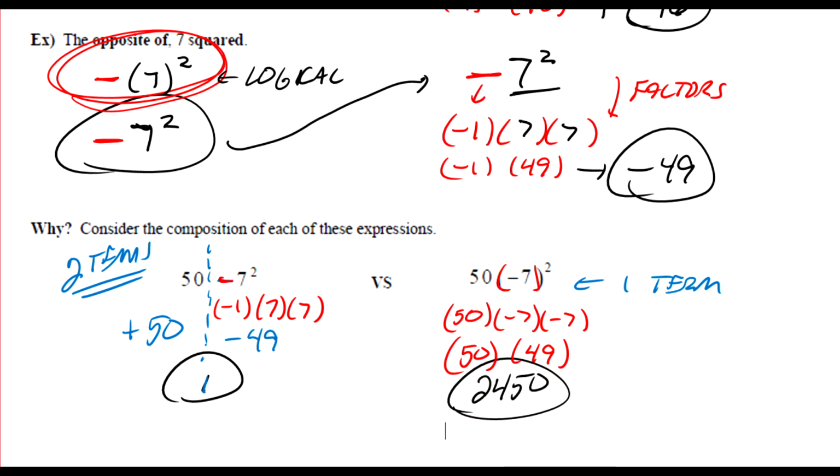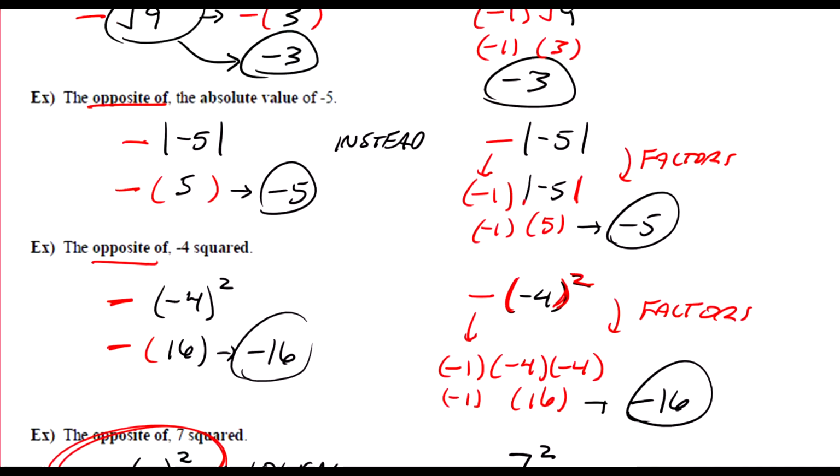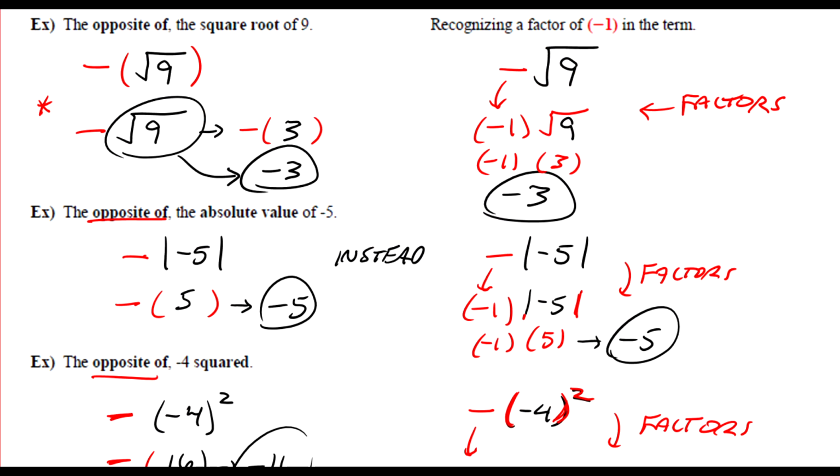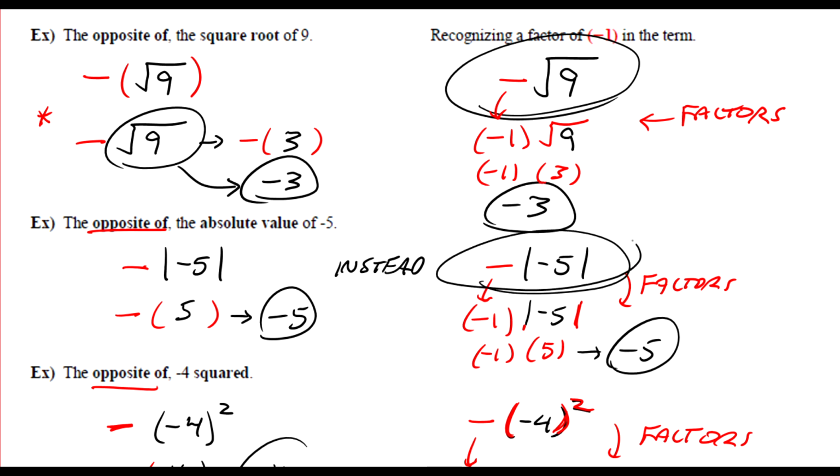So it's really important that we keep track and understand how factors of negative 1 are identified in an expression. Again, anytime we have a square root, the negative sign is outside of that factor operator, so it's a lot easier to identify. The same thing with absolute value. The negative sign is outside that absolute value.